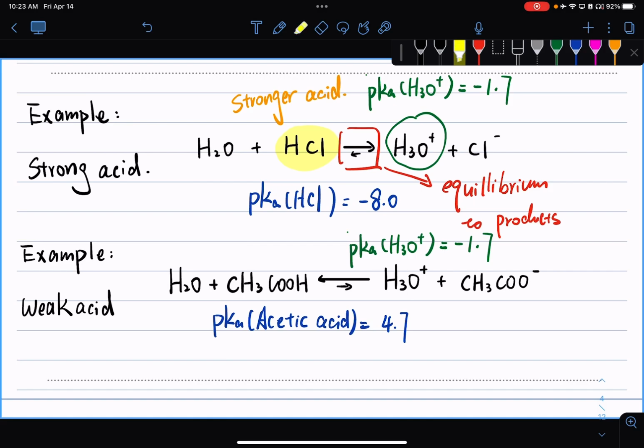So in this case, on the right-hand side, my H3O+ is actually a stronger acid, and the reason it is a stronger acid is because it has a smaller pKa value. So consequently, because on the right-hand side we have the stronger acid, my equilibrium now is towards the reactant.